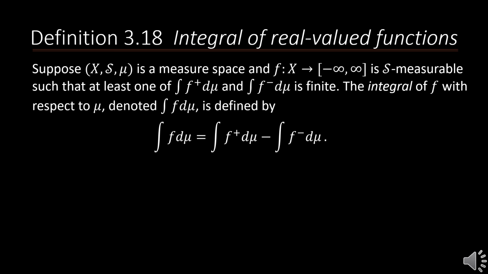And recall that f negative makes these outputs positive so that we are working with functions similar to what we've discussed in the past. Then the integral of this entire f function with respect to the measure mu is equal to the integral of f positive minus the integral of f negative.